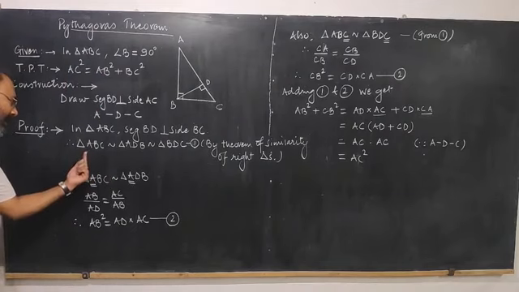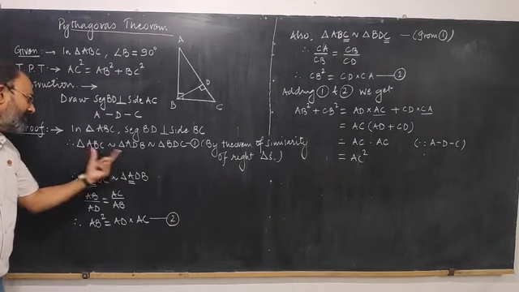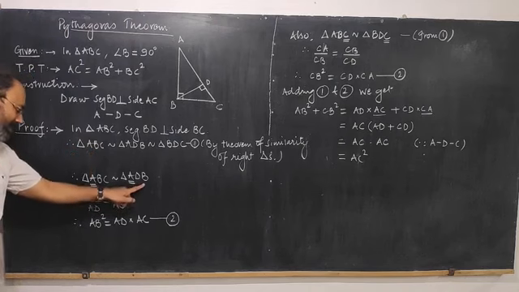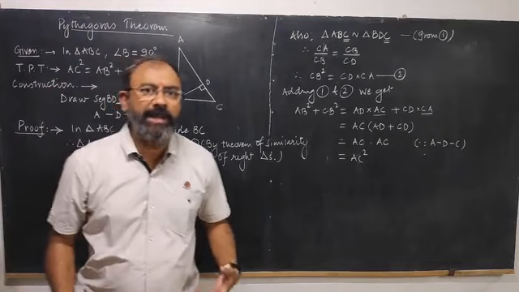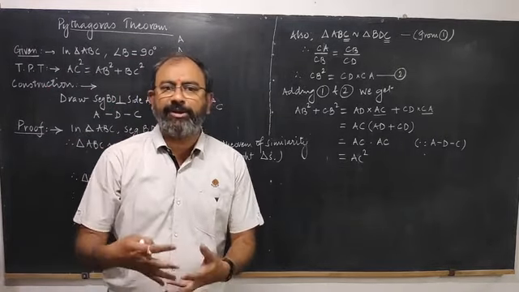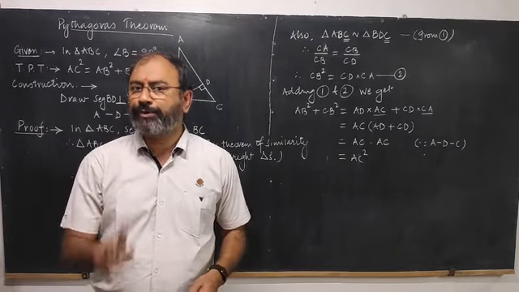Now I am using the similarity of these two triangles. Therefore triangle ABC is similar to triangle ADB, and we know that when the triangles are similar, the corresponding sides are proportional. That means three ratios are equal. But out of three ratios, we are going to use 2.